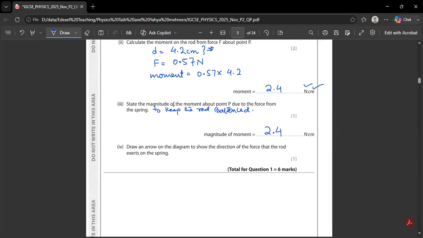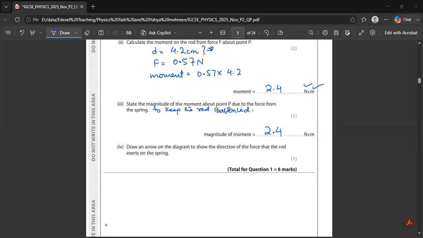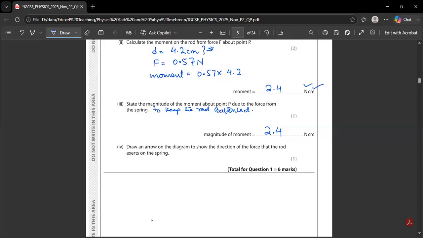Now draw an arrow on the diagram to show the direction of the force that the rod exerts on the spring. Yes, draw an arrow on the diagram to show the direction of the force that the rod exerts on the spring.